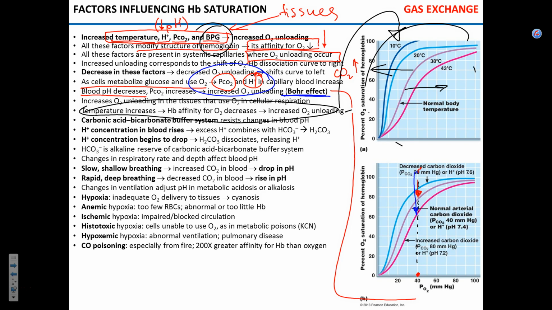Now let's take a turn and go back into the lungs. Compared to the rest of the tissues, is the concentration of carbon dioxide in the lungs lower or higher? Lower. We exhale it, right? Temperature.